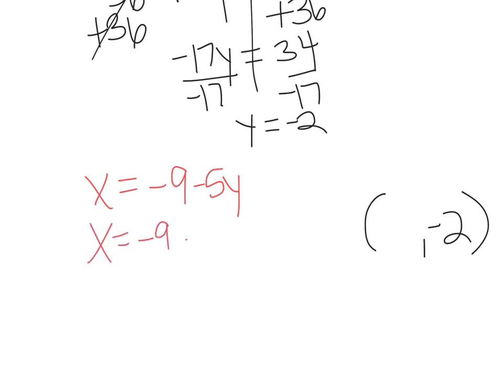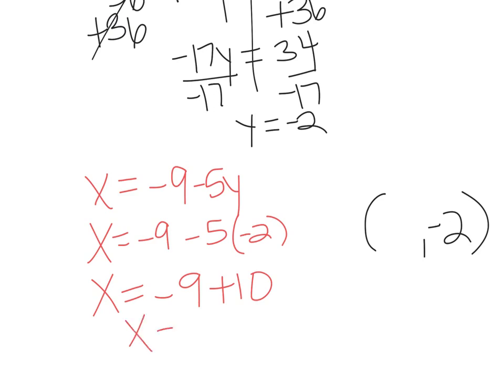Negative 9 minus 5, and instead of y, I'm going to put negative 2. So when I evaluate that, negative 9 plus 10, because we're using PEMDAS, we have to multiply before we combine anything, I get x equals 1. So my solution to this system of equations is 1, comma, negative 2.